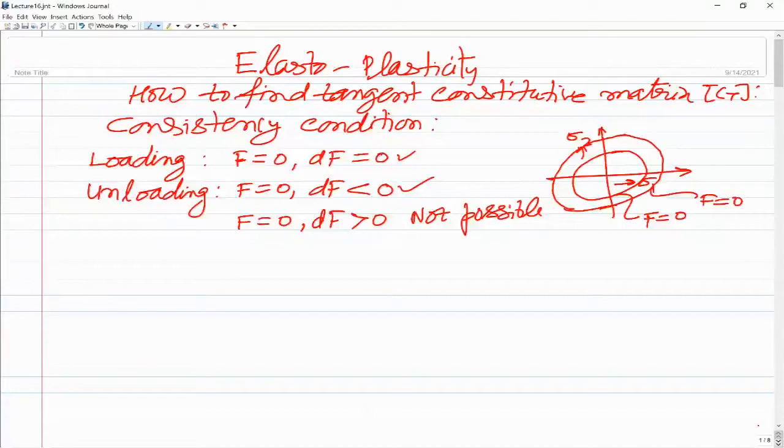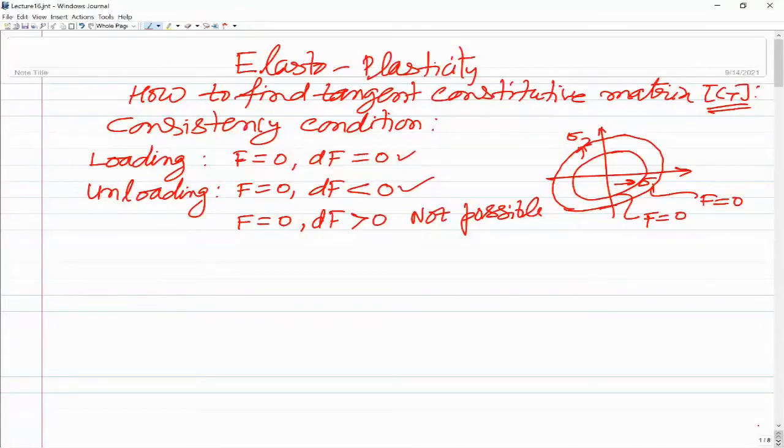Okay, sir. So now when we are talking of this tangent constitutive matrix, we are actually talking about a loading state, because for unloading the tangent constitutive matrix would be equal to the elastic constitutive matrix. So we are interested in loading.